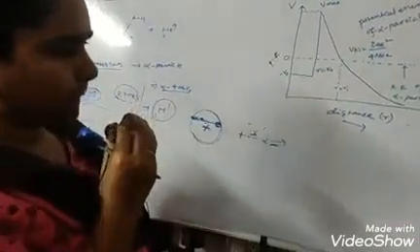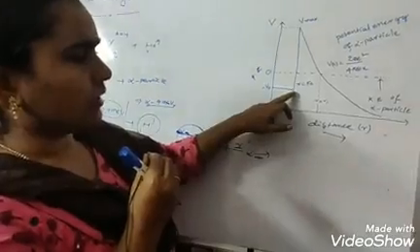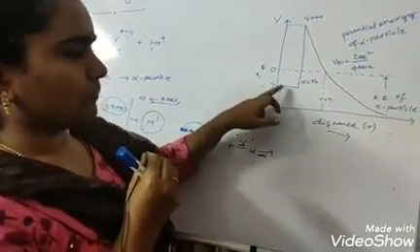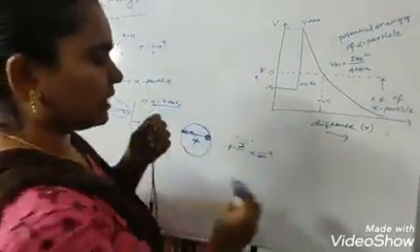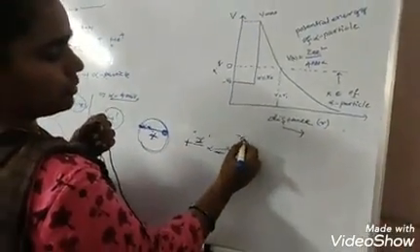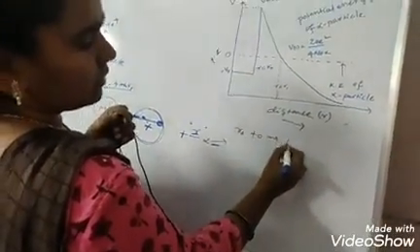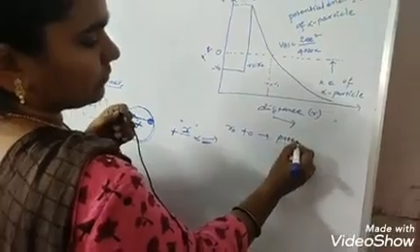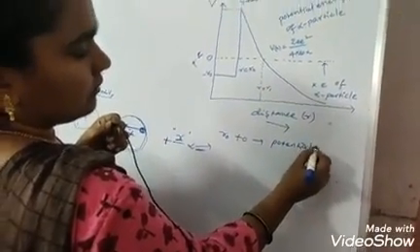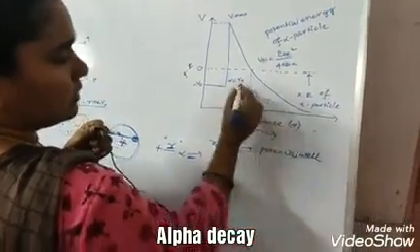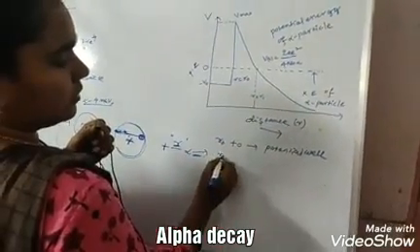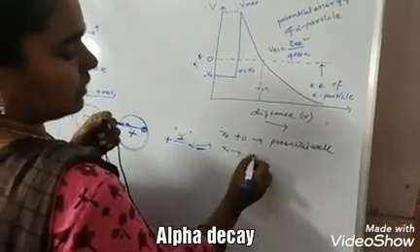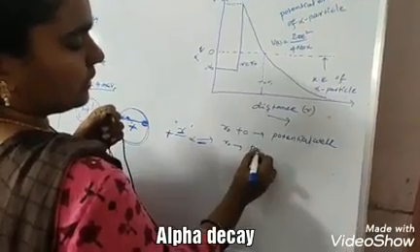So this negative side, r naught to 0, is called a potential well. And this positive side, r naught to the positive side, is called a potential barrier.